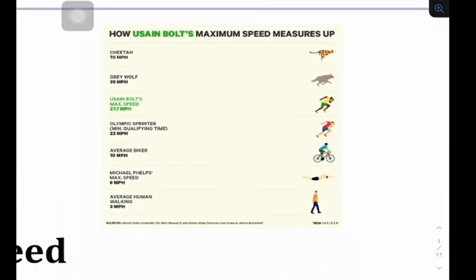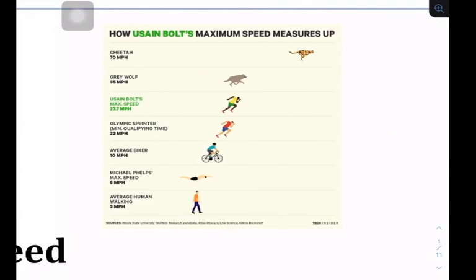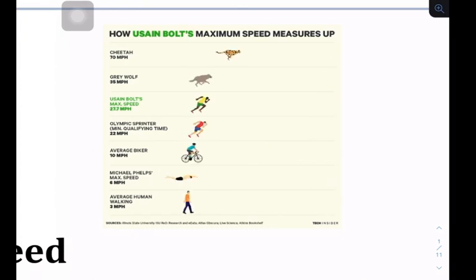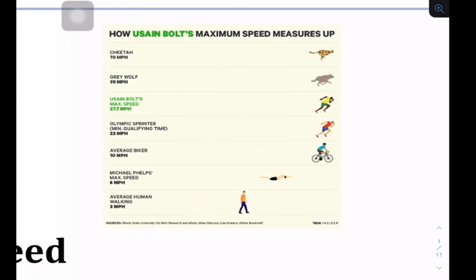Speed is a relationship between a distance and a time it takes to cover that distance. We see the speed of a number of different animals and activities related to Usain Bolt's sprinting speed.